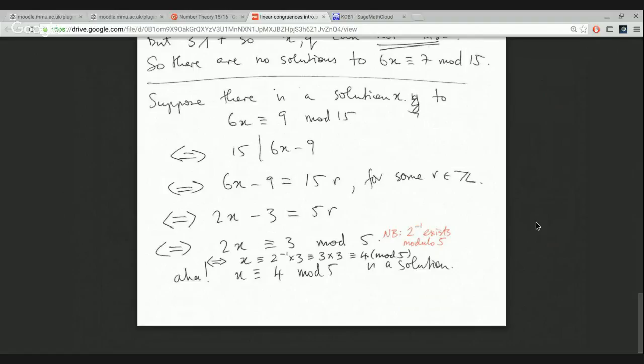If you add 5, you don't get a new congruence class. If you add 5 to 14, you get 19. But 19 modulo 15 is congruent to 4. So you just get this solution again. So really, we report that there are 3 distinct solutions to 6x congruent to 9 modulo 15: the congruence classes of 4, 9, and 14 modulo 15.